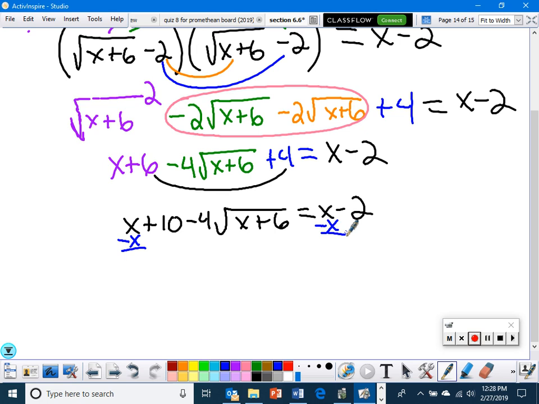Notice they cancel out. I'm going to get rid of the 10. Okay, so now I'm going to rewrite what I have. So the x's are gone. Again, on this side, the x's are gone. And it equals negative 12. Cool.